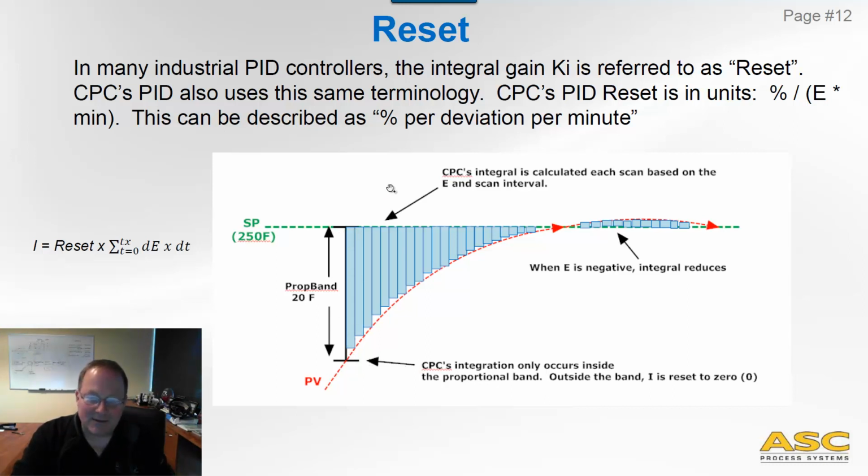If I'm outside the band, this way or this way, we will not integrate, and it will zero that integral. The reason is if I have this huge error, I don't want to keep adding a huge amount of integration. So we start integrating when we come close to set point, which is typically within the proportional band.